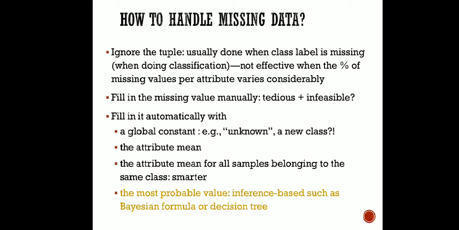Say we got some data with some missing values, and just for now say we have some labels: class A, class B, class C. This data has some missing values, but some values are available as well.